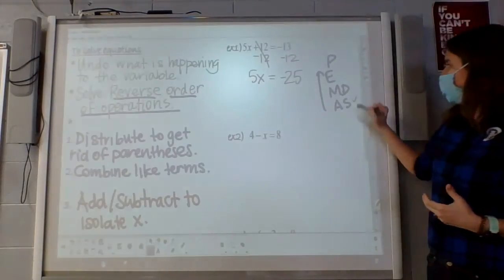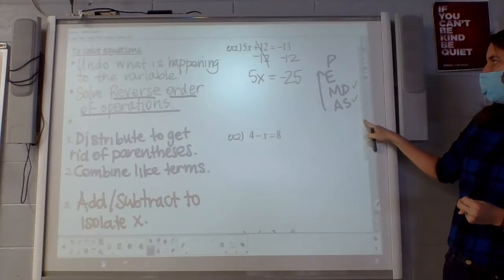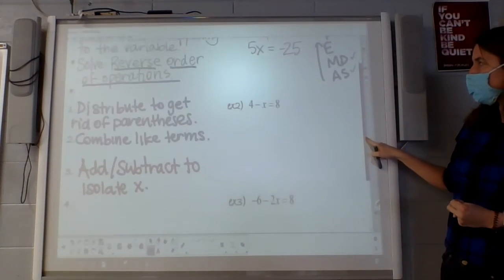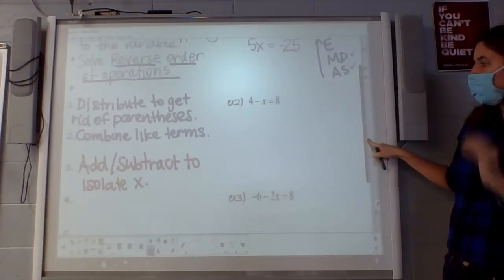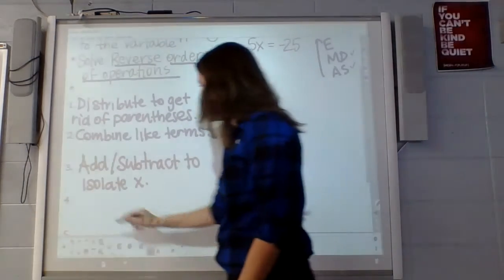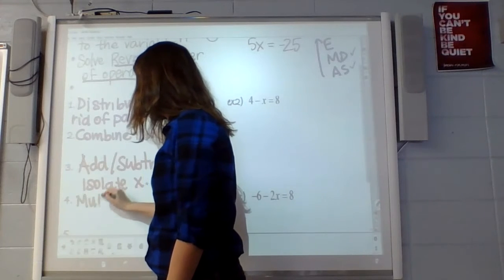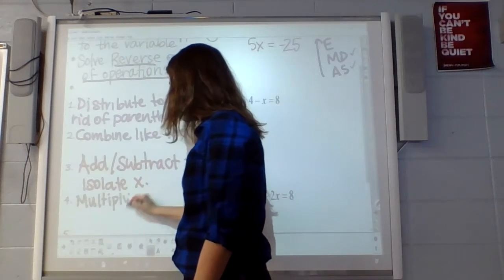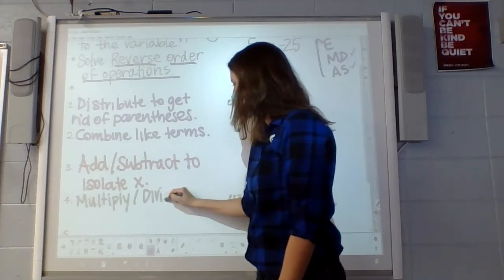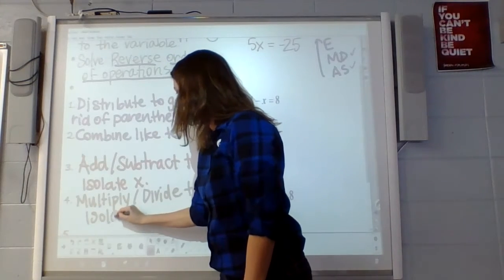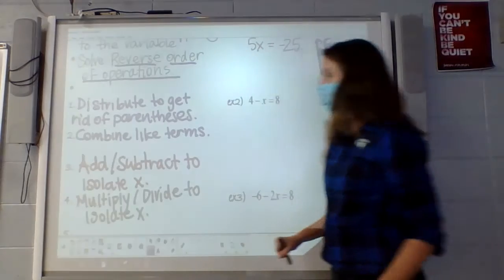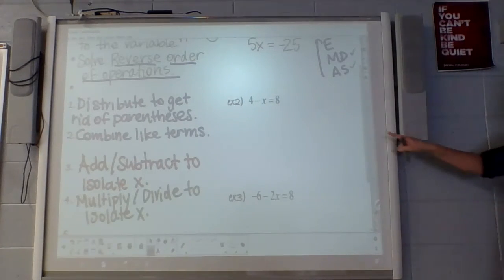So we've done this already, now we're ready to multiply or divide. So that's going to be my next step. Does everyone have that? We're going to multiply or divide. Same thing, multiply or divide to isolate x.